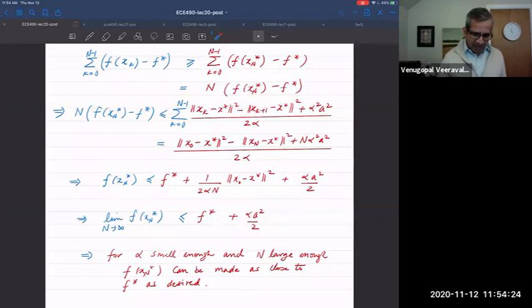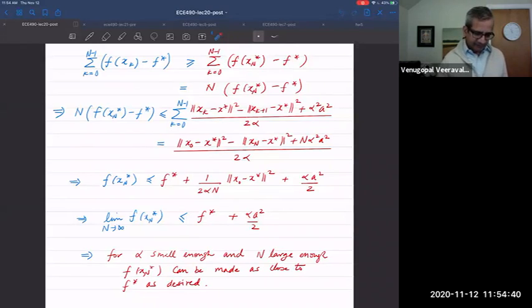There's some error term that can be made small by making your alpha smaller. You're not going to get exactly to f star in the limit, but you can get close.